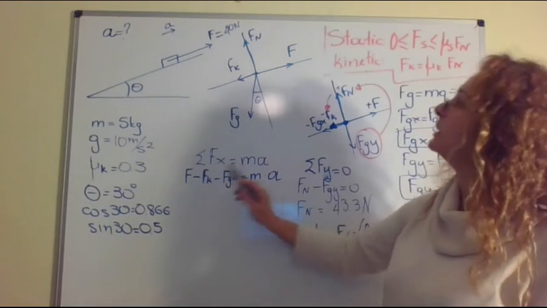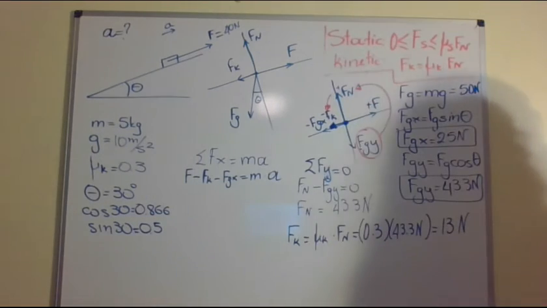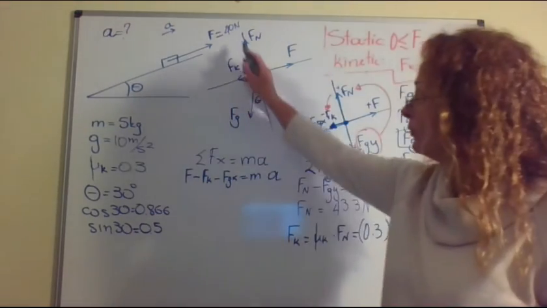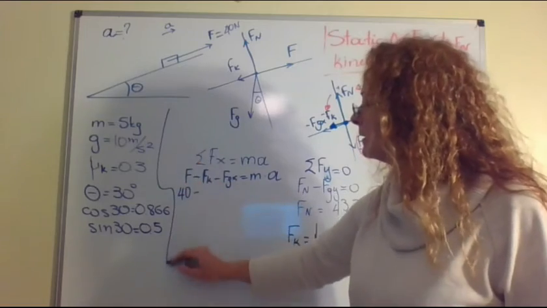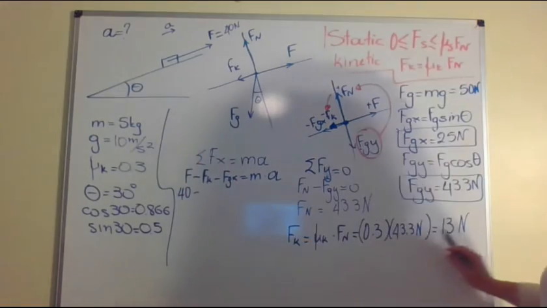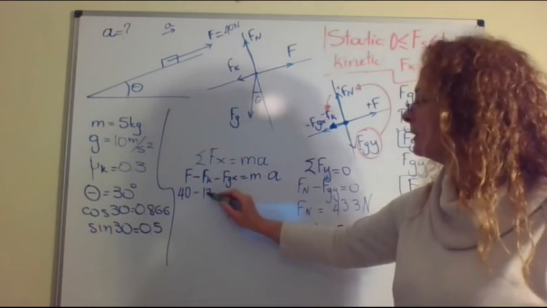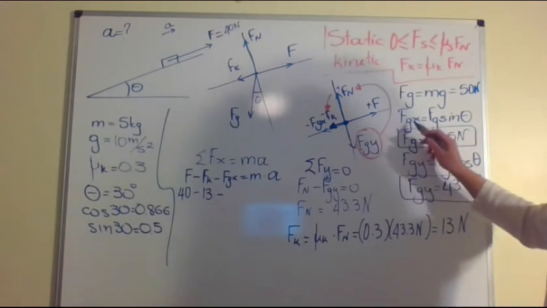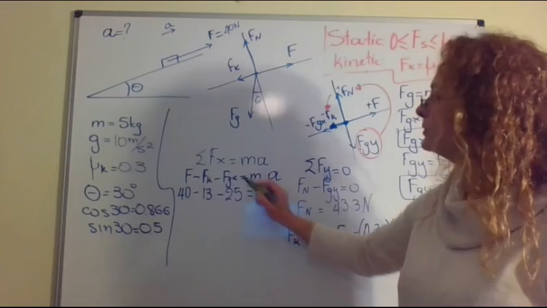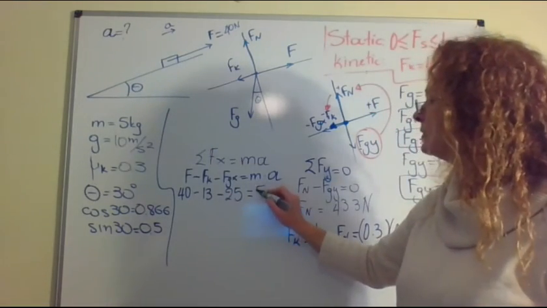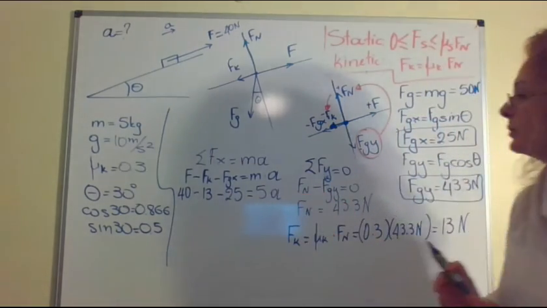The force in our case is 40, so 40 minus friction, which is found to be 13, minus the x component, which is 25, equals the mass, which is 5, times the acceleration.